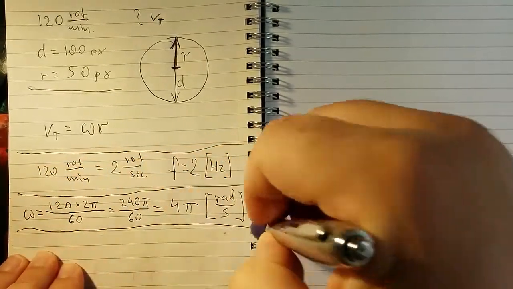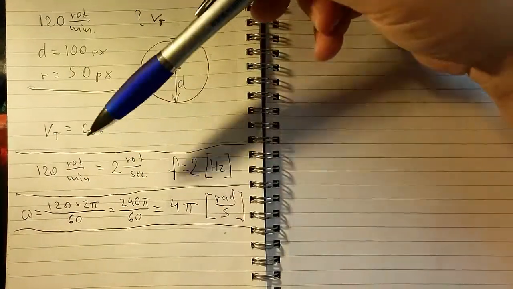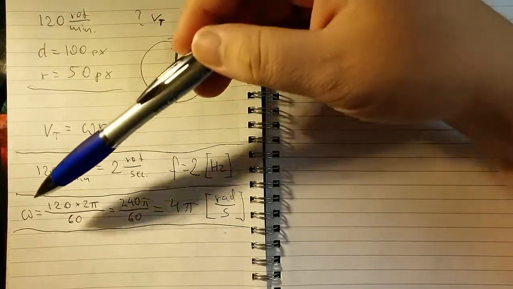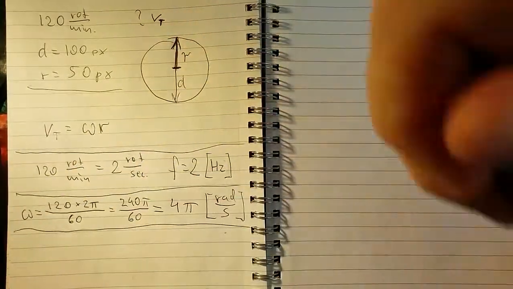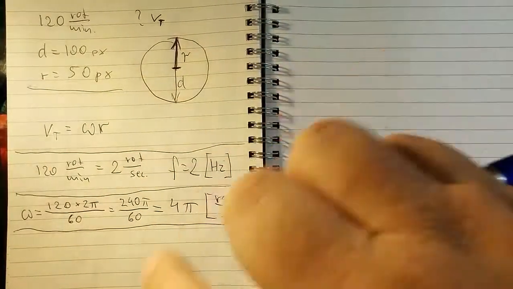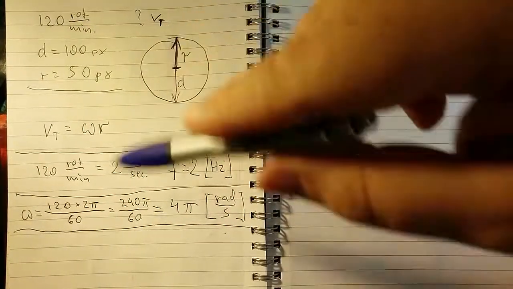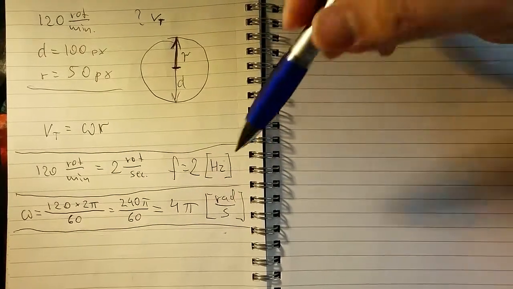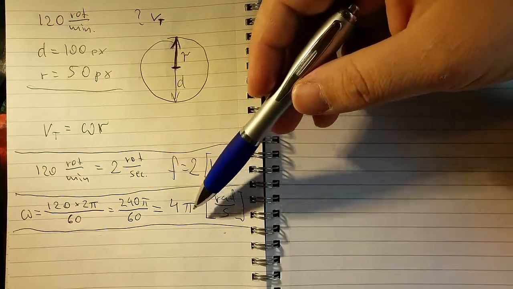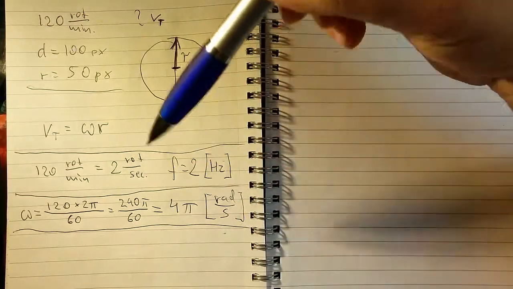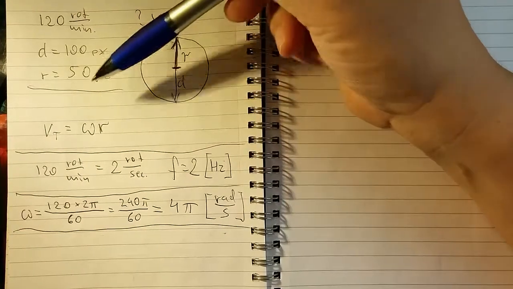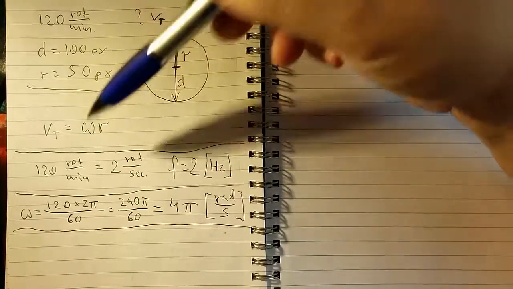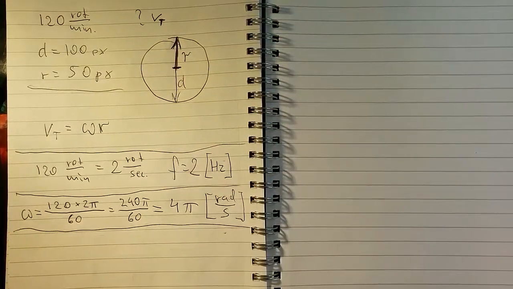Whichever way you choose, either finding rotations per minute and then rotation per second, which is frequency, or calculating omega knowing the angular measurement of 120 full rotations, and each rotation is 2 pi radians, we will end up, as you will see in a few moments, with the same value. Omega is something we really need, because if you know omega and you know the radius, you can calculate the tangential velocity, the thing we are asked for in this exercise.